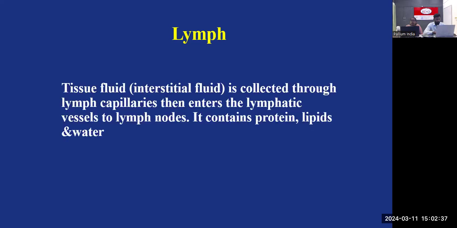Throughout the lymphatic system, the lymphatic fluid is flowing. That's called lymph. Lymph is a tissue fluid, right? Interstitial fluid is collected through lymph capillaries, then enters the lymphatic vessels to lymph nodes. It contains protein, lipids, and water.